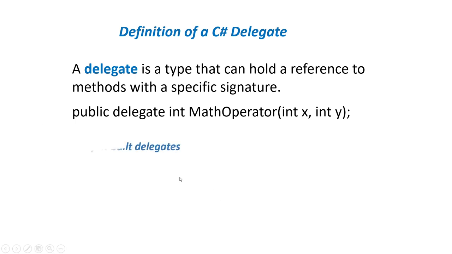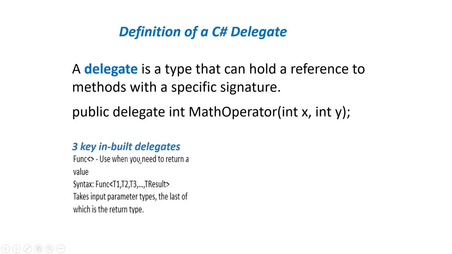As we saw in that definition, there are three key inbuilt delegates that will be of interest for us. The first one is the Func delegate, and the Func delegate is used when you need to return a value. The syntax of the Func delegate is Func<T1, T2, T3>, the input parameters, and the last parameter is usually the result parameter.